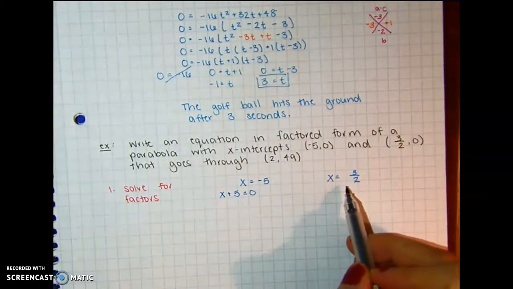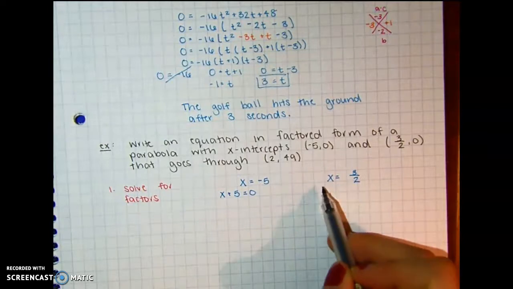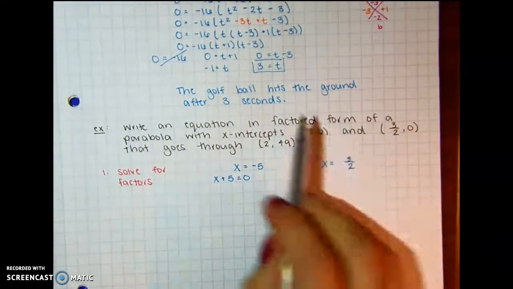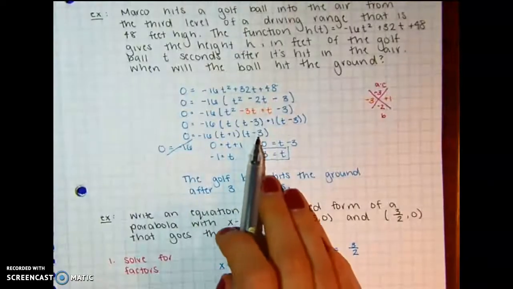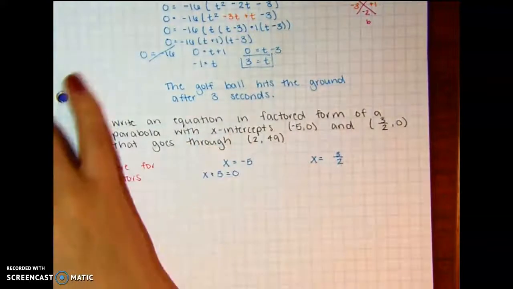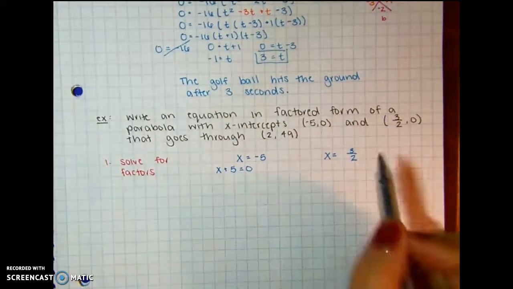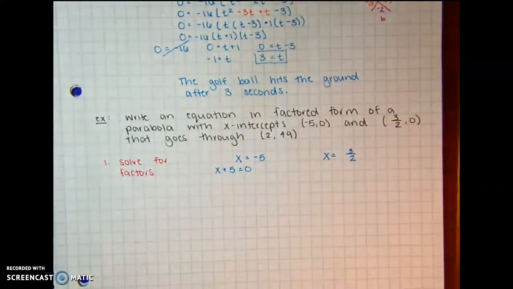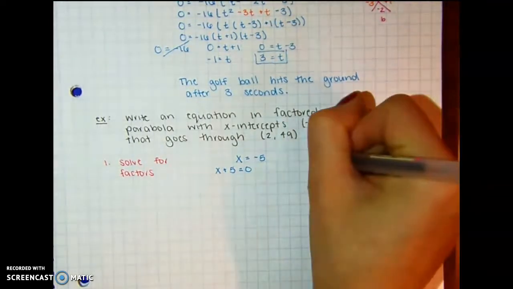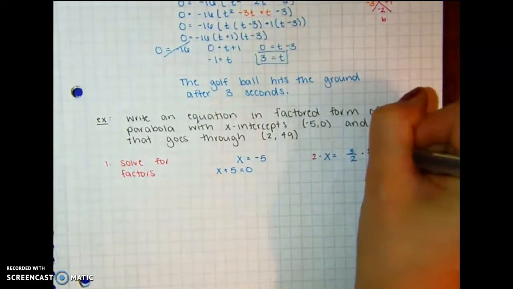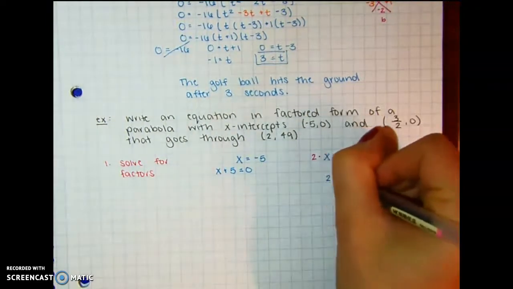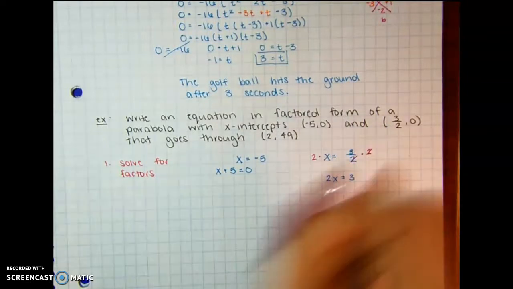This one's a little bit harder. A common mistake is to just subtract 3/2. But when we have factors, we never have them as a fraction. So we want to multiply both sides by 2 first. So then we're left with 2x equals 3.